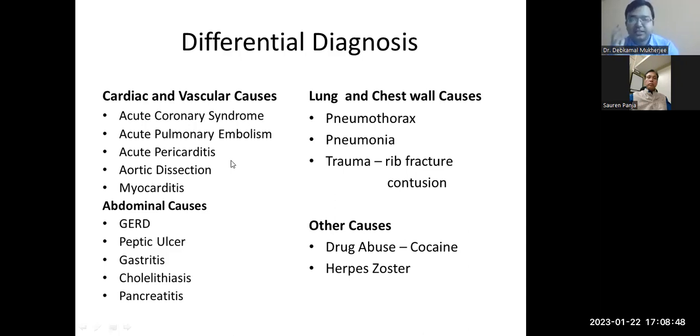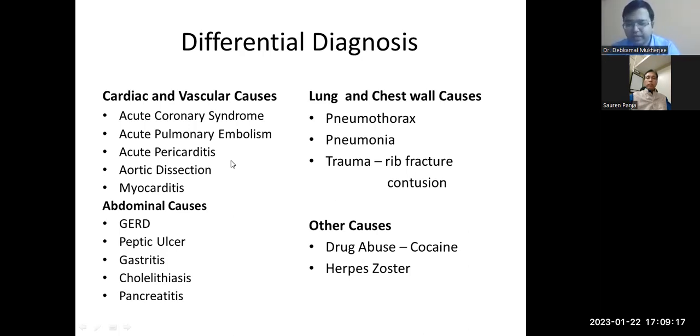Though the chest pain which the patient was complaining of was a central one, he could not localize it, and it was radiating to his left arm, which is very much typical of acute coronary syndrome. Along with that, since he was starting to have respiratory distress, we should also think about lung causes like pneumothorax, though there was no history of trauma, and no history of fever.